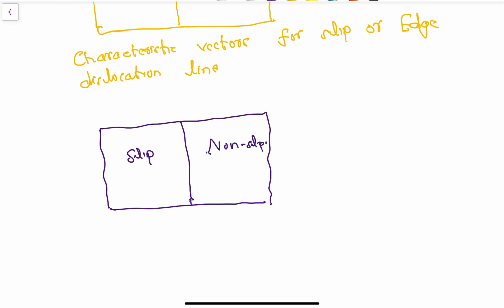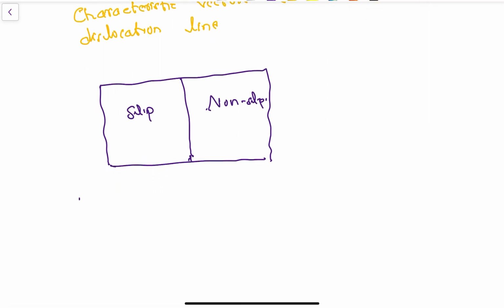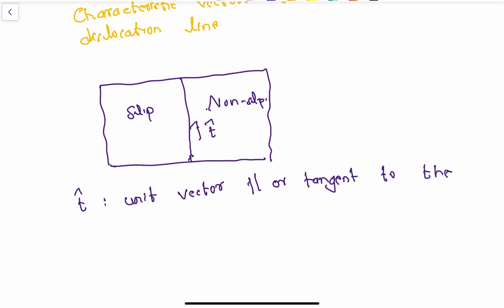That is the edge dislocation line, and this is given by the tangent vector t. The definition of this vector is the unit vector that is parallel or tangent to the dislocation line.